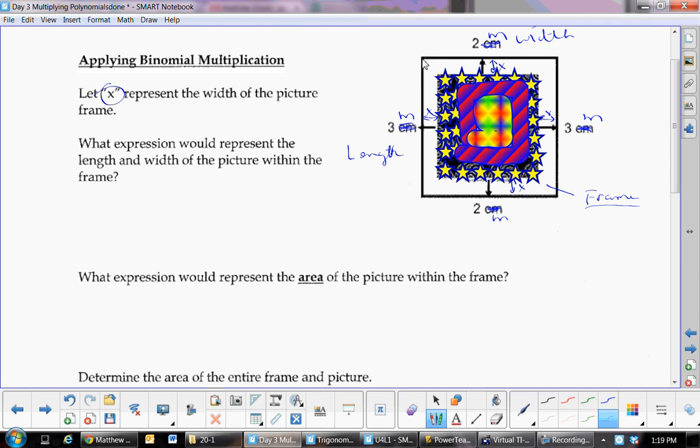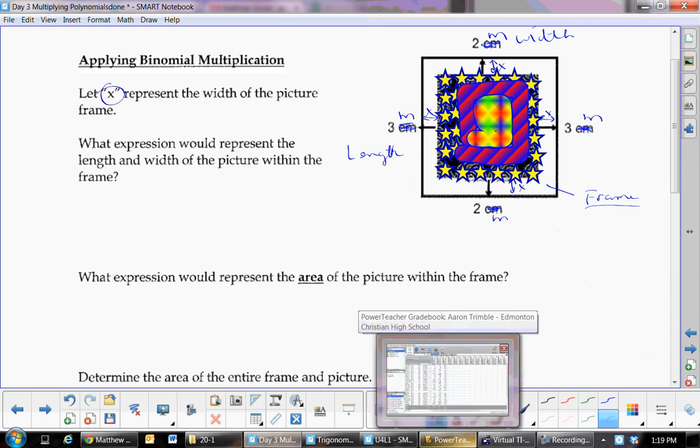3 meters. Okay? Now, if this is x from here to here, and this is x, what is this? Okay, guys, what is it? 3 minus x minus x. So it's 3 minus 2x, right?